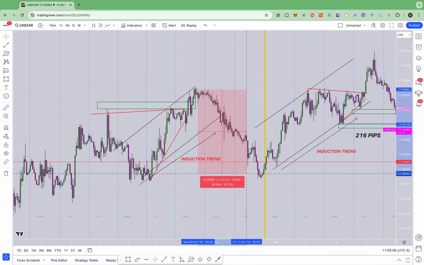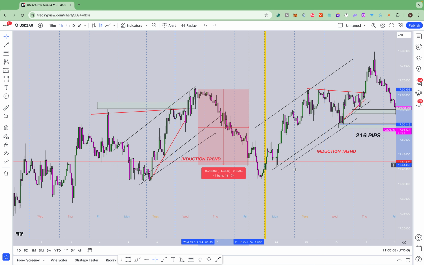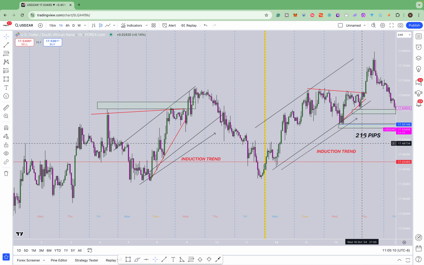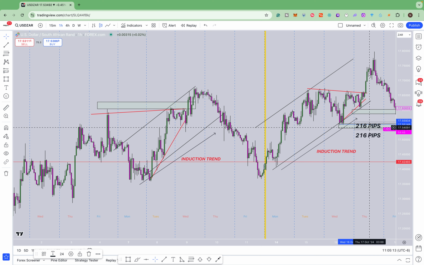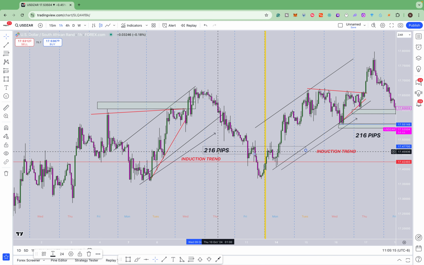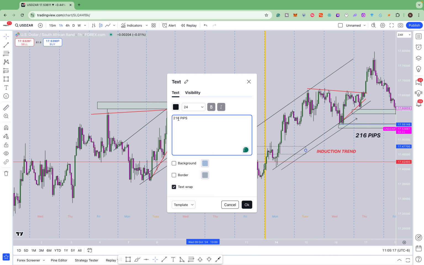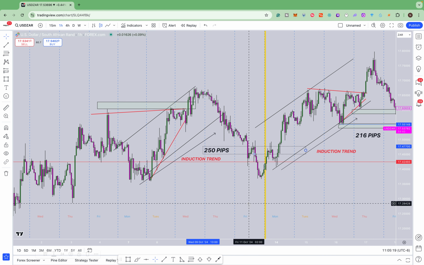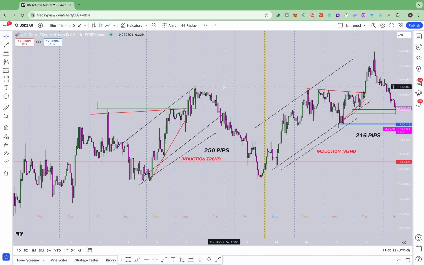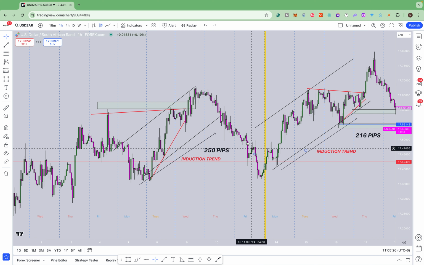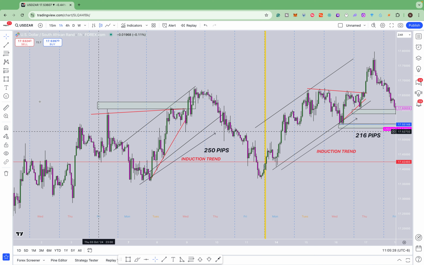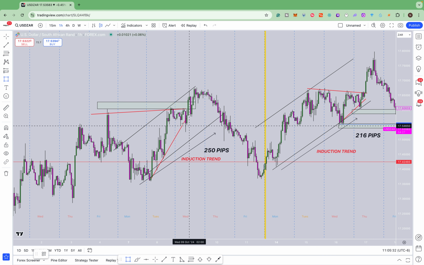And this was a 250 plus pip reversal. So here we have a 250 plus pip reversal off of the highs. And notice these big wicks down right here, this big candlestick down right here, that is to hit the stop losses of the masses. Where would their stop losses be? Well, here's a good indication.